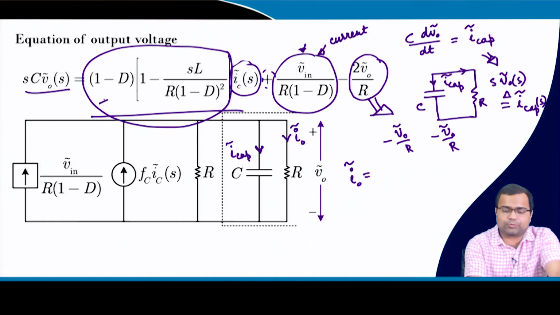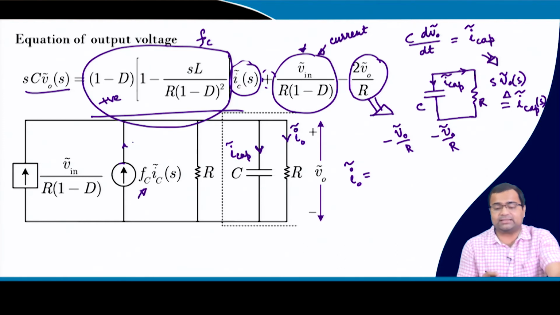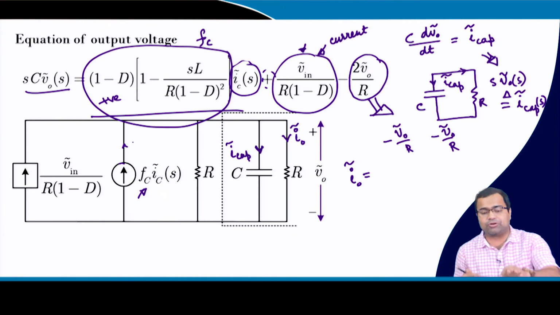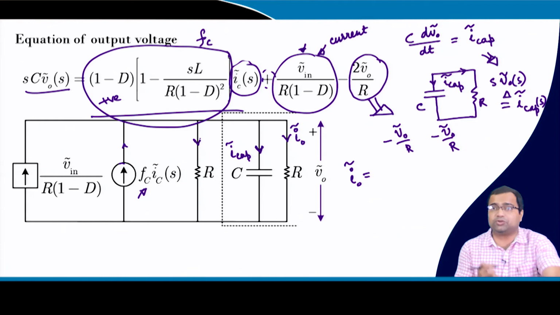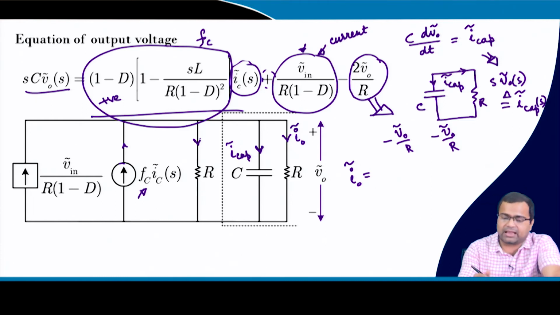Similarly, this is also a positive quantity. So, this is replaced by f_c here, and this sign is positive, so it is also added; it is contributing to the capacitor current. But these two are the ones which are drawing current, and again the terminal voltage is V_0.